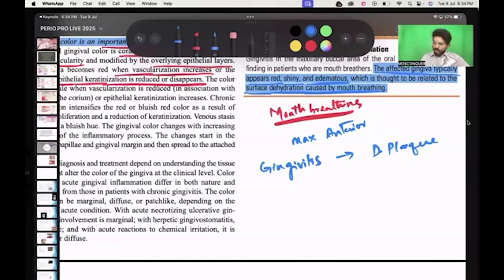So what is the primary etiology for the occurrence of pregnancy gingivitis? The primary etiology is dental plaque.